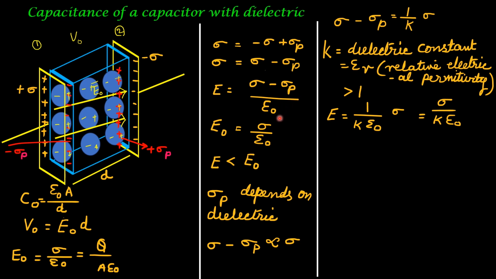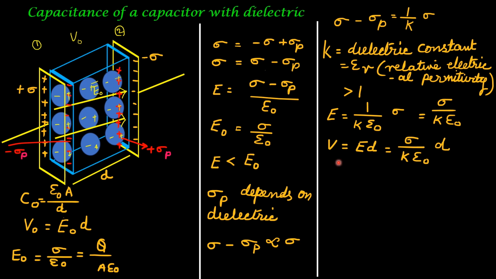Substituting for sigma minus sigma P in the equation for electric field, it becomes E is equal to 1 upon K epsilon naught sigma, equal to sigma by K epsilon naught. So this equation proves that E is less than initial electric field E naught, that is electric field without dielectric medium.